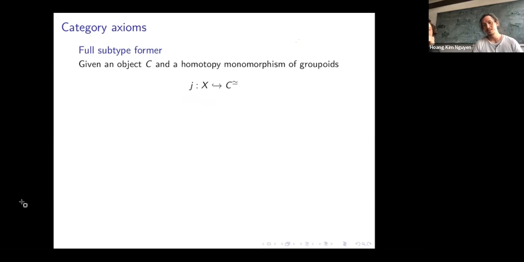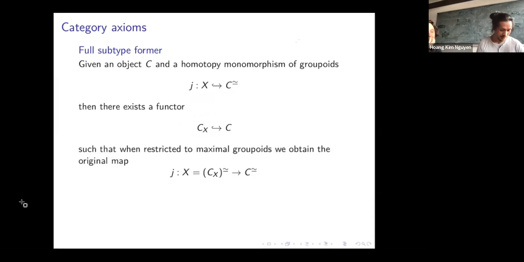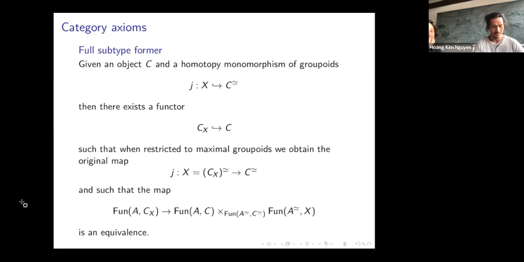Then this homotopy monomorphism of groupoids should come from a functor, which then is supposed to be the full subcategory spanned by the groupoid X. So there is a functor, and this is supposed to be the full subcategory spanned by X, such that when restricted to maximal groupoids, we obtain the original map, and such that it has this universal property that mapping into it is the same as mapping into C and then factorizing over the full subcategory, and that's supposed to be an equivalence, right?